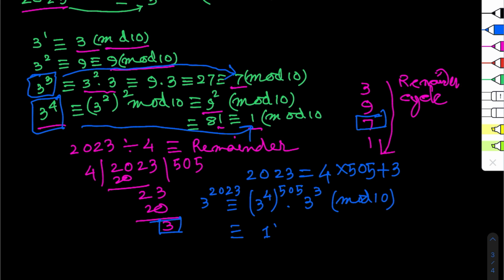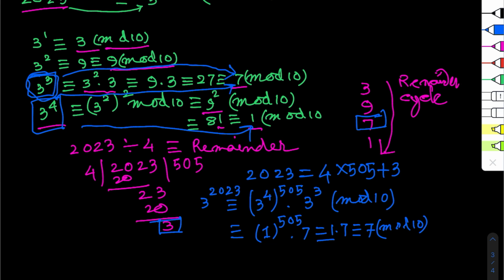So it is clearly 1 to the power 505 into, for 3 to the power 3 we get 7 as the remainder. So it is 1 into 7, that is 7. So the answer is clearly 7.